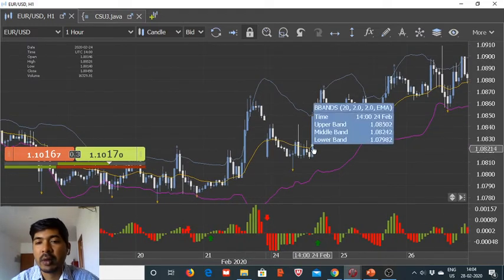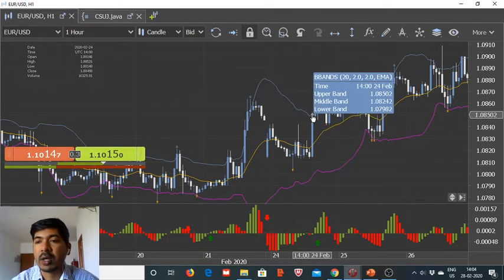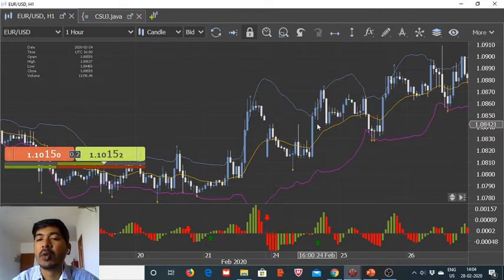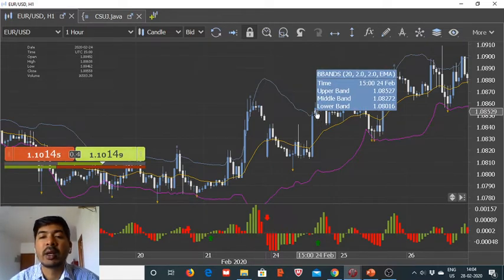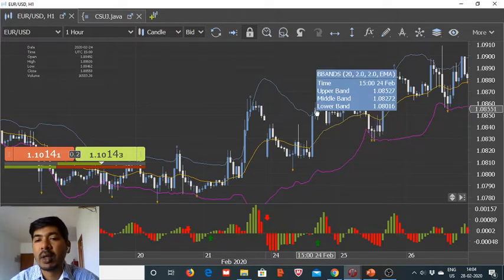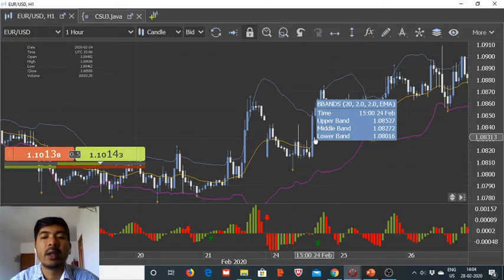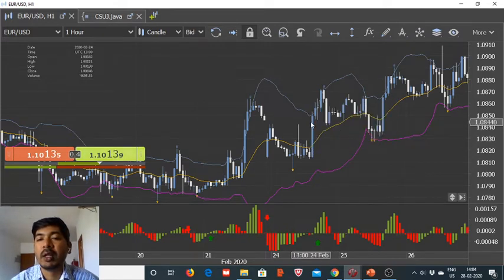So here you can notice that the price action was pretty steep, and in 1 hour the price jumped by around 30-35 pips, and not much of an opportunity would have arisen for us to trade here. We will not be taking a trade if the last candle close is above the upper band. When we are looking at a buy trade, our requirement is that the last candle close of the hourly candle should be within this price band, not beyond this and not below the middle band.